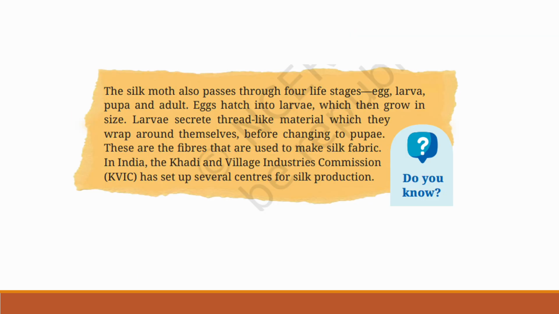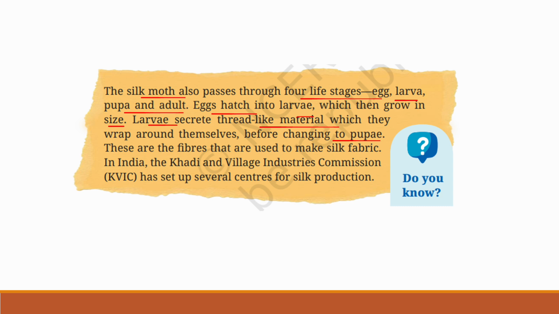Silk moth also passes through 4 life stages: egg, larva, pupa, and adult. Eggs hatch into larvae, which then grow in size. Larvae secrete thread-like material, which they wrap around themselves before changing to pupae.